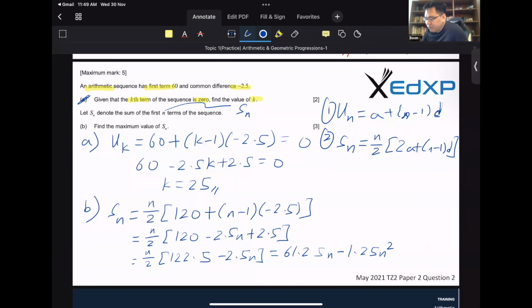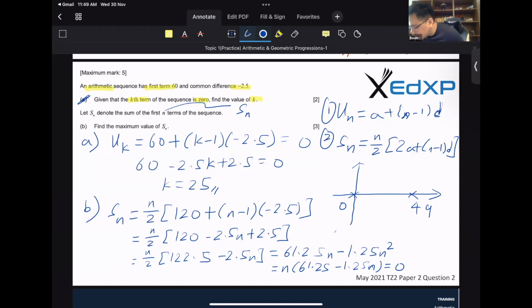And this is a sad face, okay? For those who don't know what a sad face is, if your quadratic has a negative n squared term, it would be a sad face, and we actually can factorize this. So we can find the roots. And we can equate to 0. Okay, you can even use your GDC to solve, but we have one root at 0 and the other root at 49.